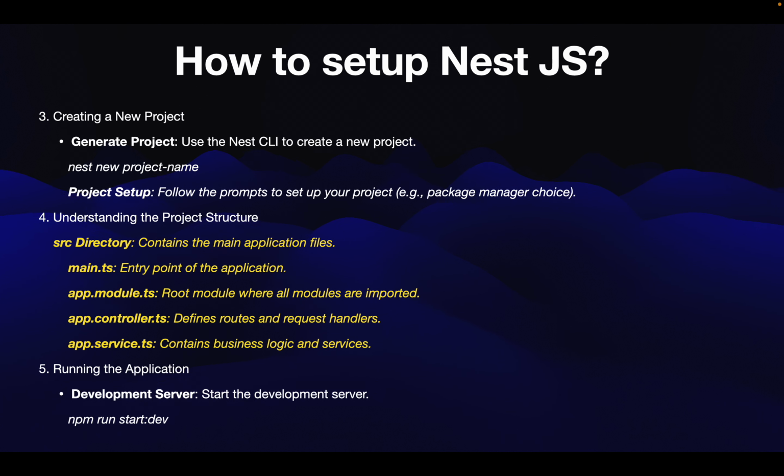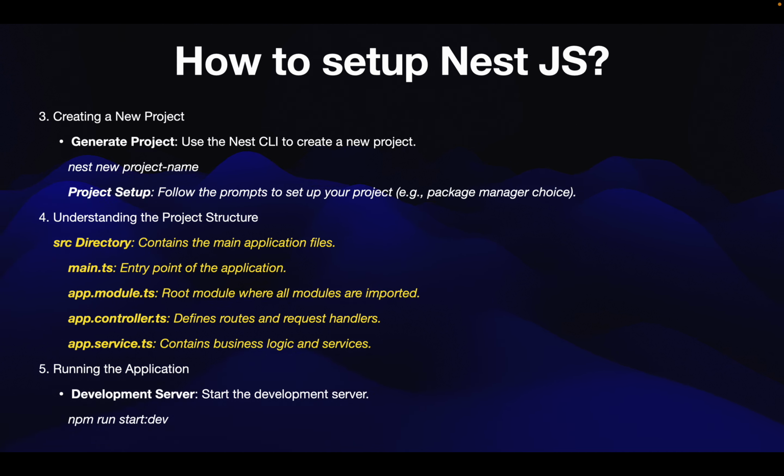Since you already have the CLI installed, run nest new project-name. It will ask you some questions. Project setup: follow the prompts to set up your project, like package manager choice and whatever else is in the list. We will discuss that later in the video.